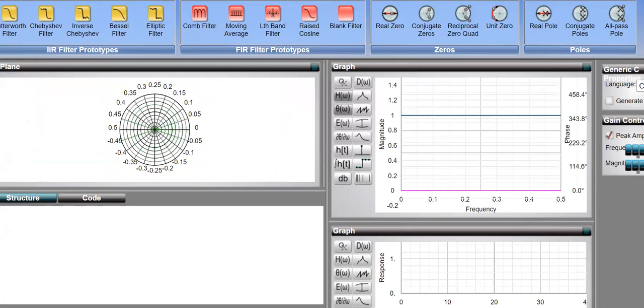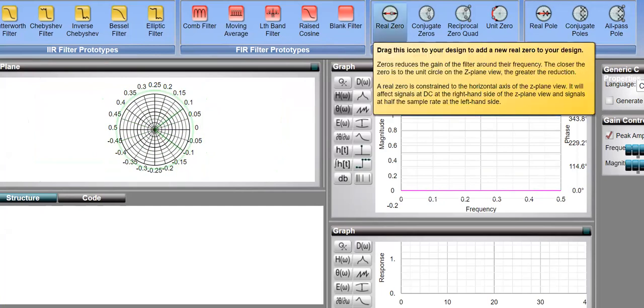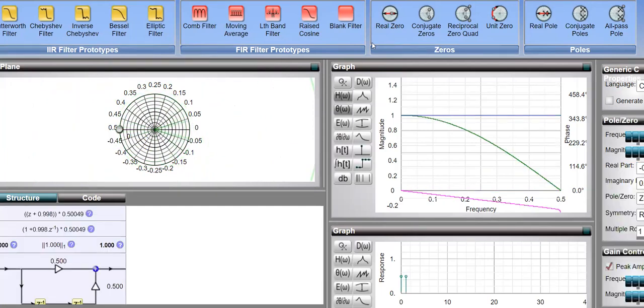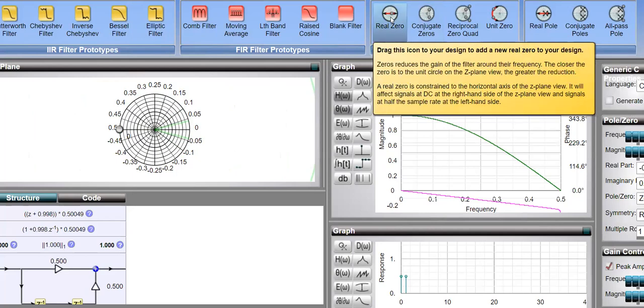So this one is the blank filter. So real zeros, we can put the real zeros. Take it like this: 1 zero, 1 zero, and another zero.